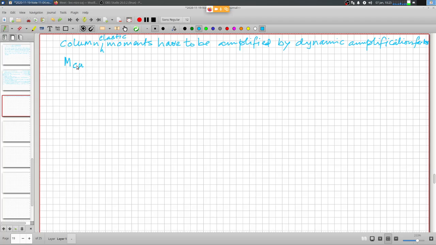The ultimate moment in columns can be as large as 2 times the elastic moment capacities that are predicted, right? So this is the dynamic amplification and overstrength.